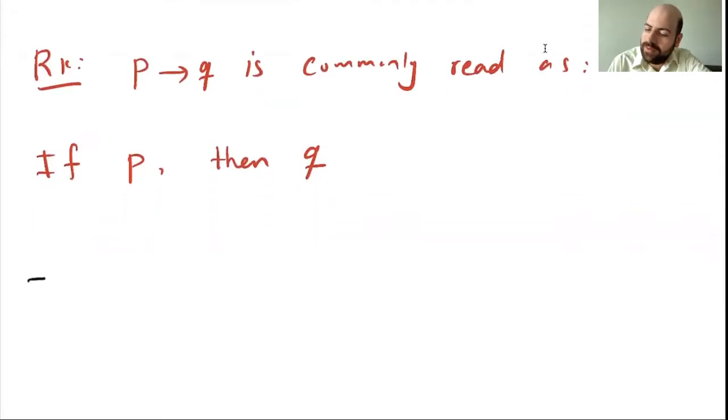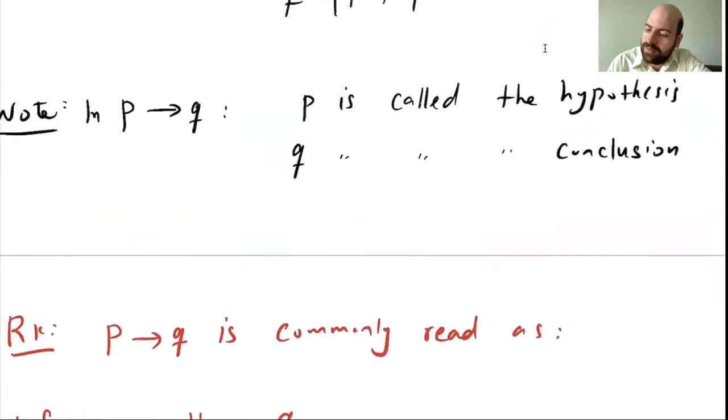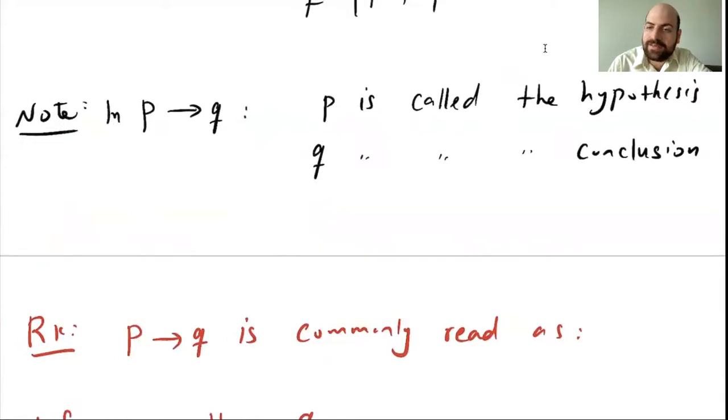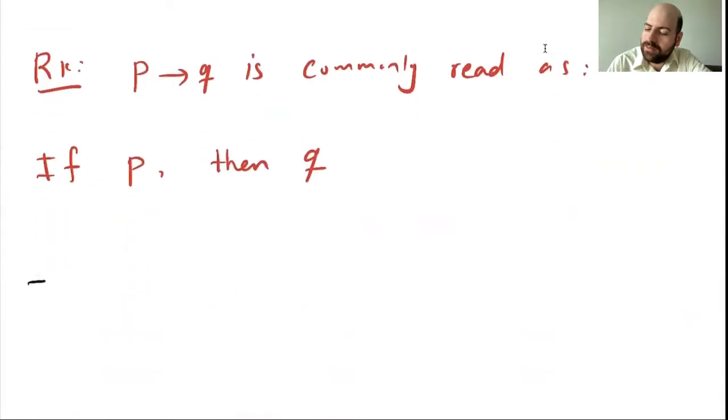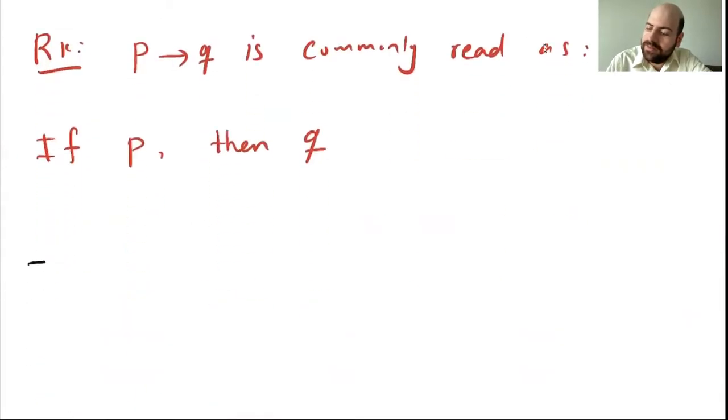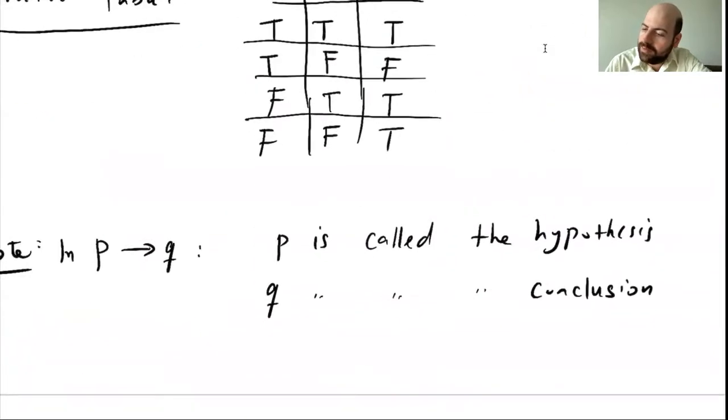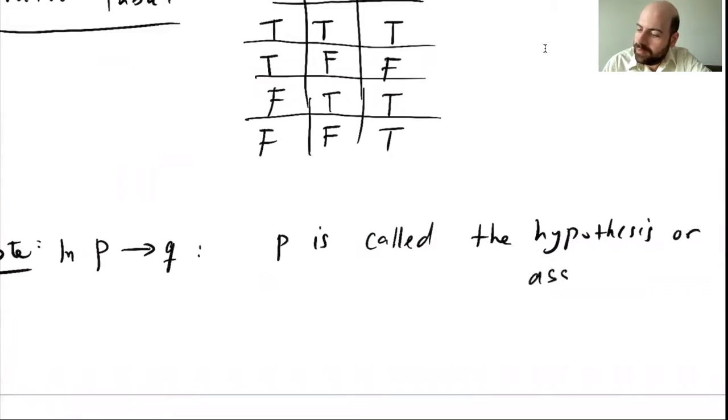So P is called the hypothesis, or assumption, and Q is called the conclusion.